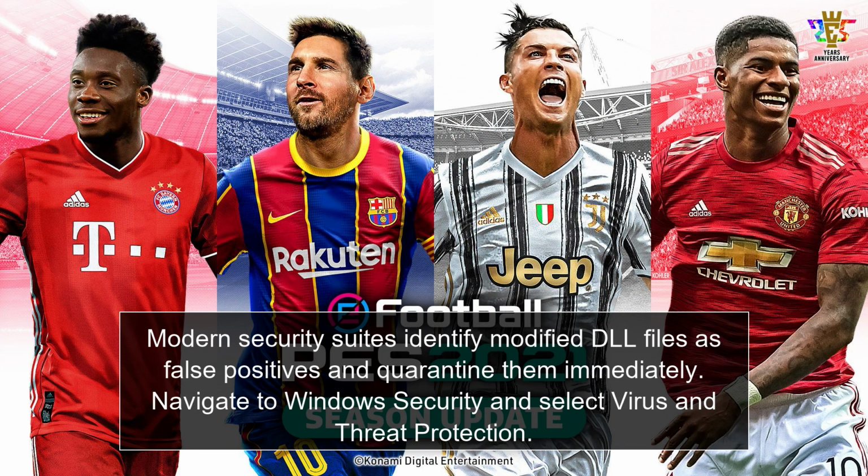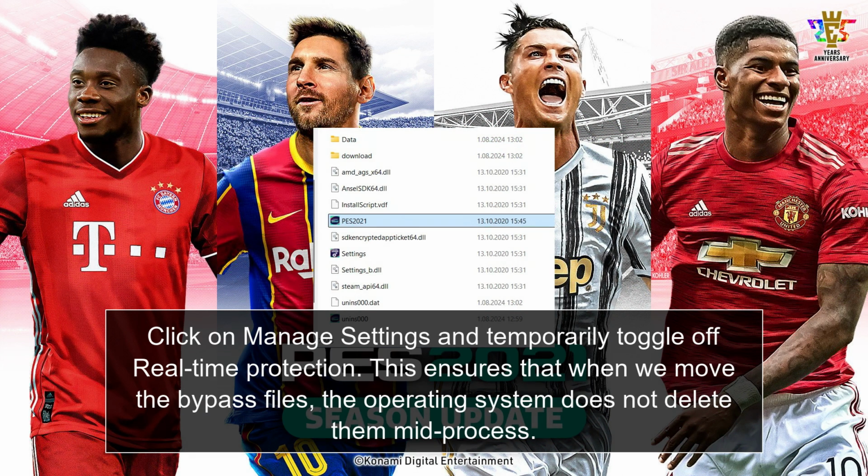Modern security suites identify modified DLL files as false positives and quarantine them immediately. Navigate to Windows Security and select Virus and Threat Protection. Click on Manage Settings and temporarily toggle off real-time protection. This ensures that when we move the bypass files, the operating system does not delete them mid-process.